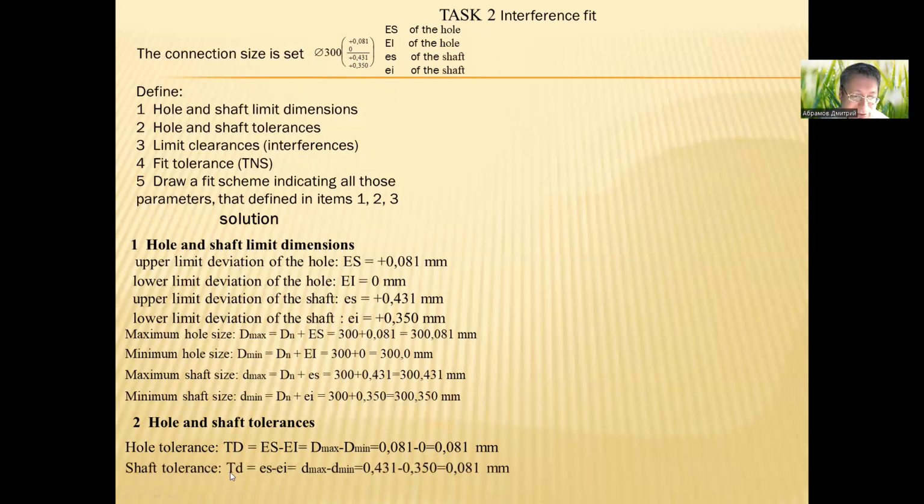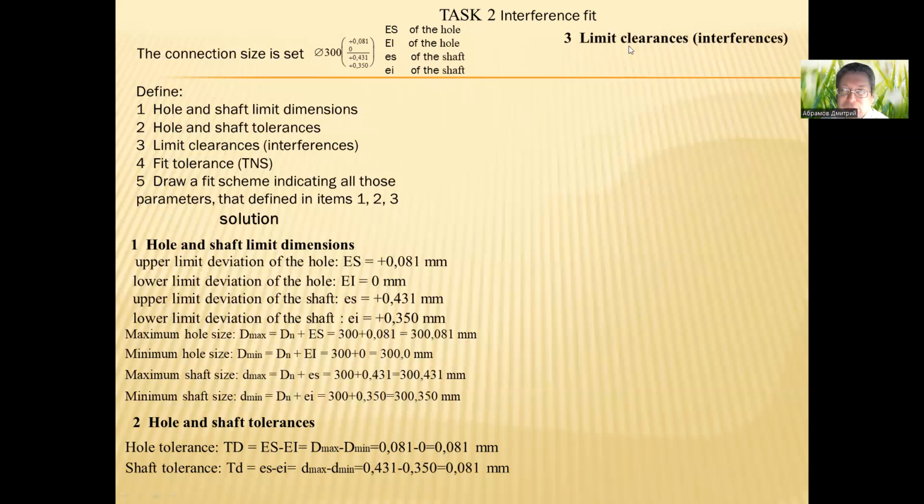Shaft tolerance, small td, is equal to the upper limit deviation of the shaft minus the lower limit deviation of the shaft, and we have 0.431 minus 0.350. It's equal to 0.081 millimeters.